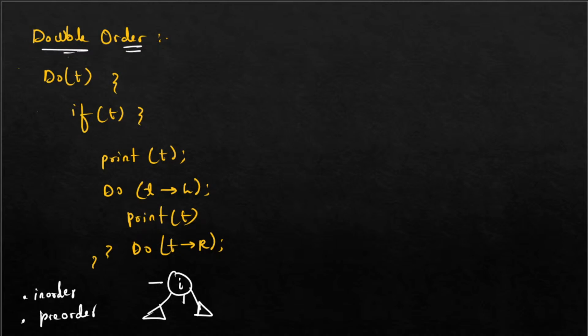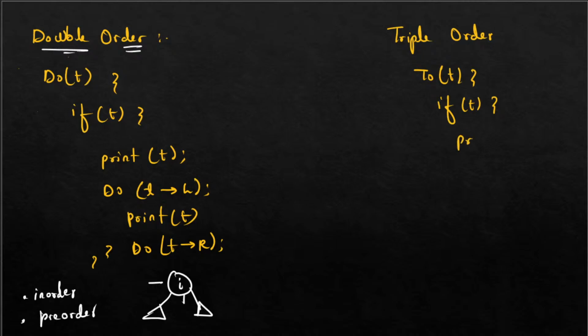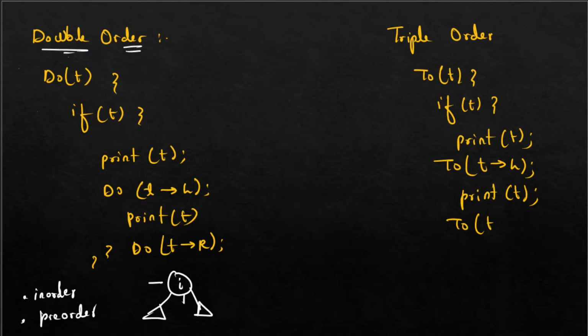Let's write for triple order. For triple order it is TO of T, if T, print T, TO T L, print T, TO T of R, print T. And for triple order I am drawing the diagram, which you can see here.